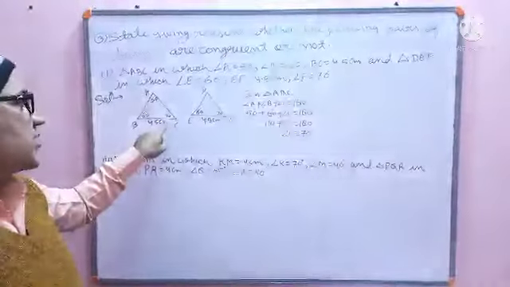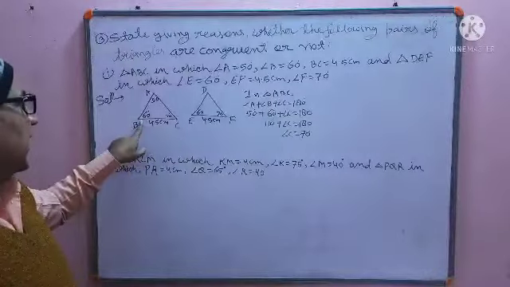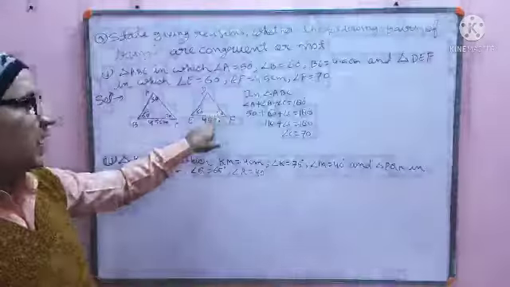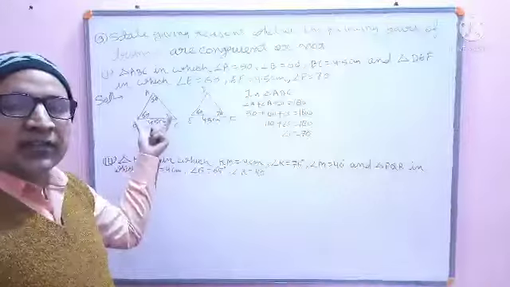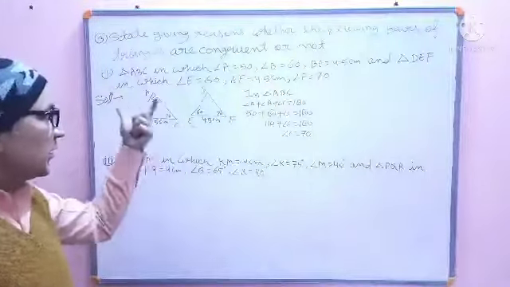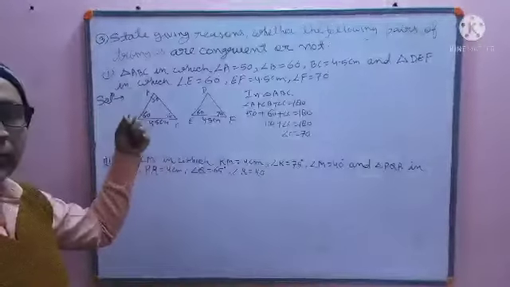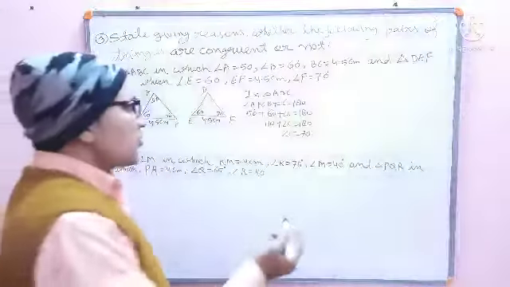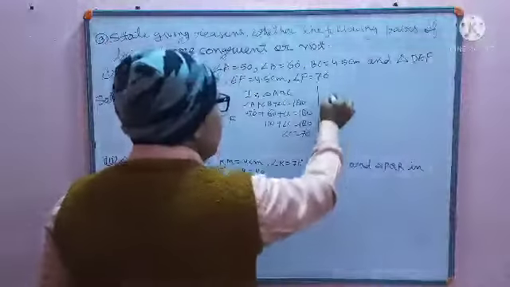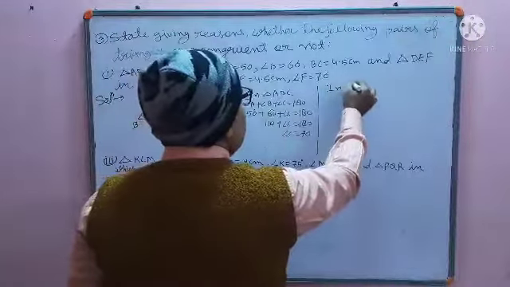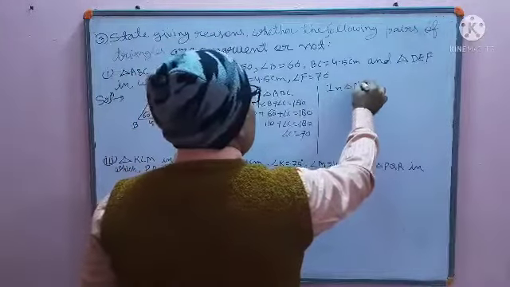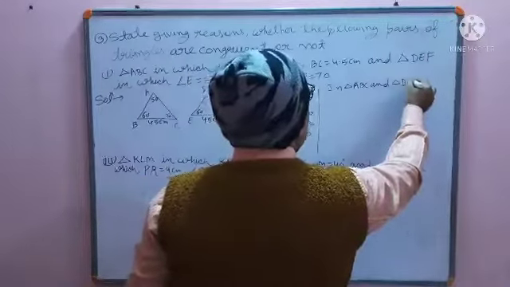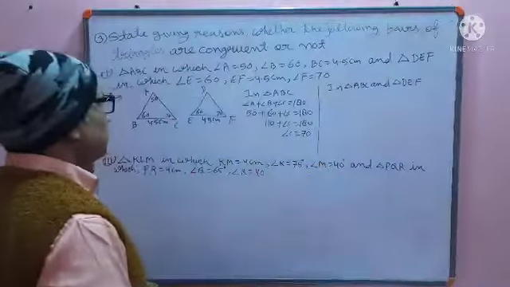As you write 70 degrees here, you can see that the angle, side, angle criteria is followed by these two triangles. It means these two triangles are congruent because we are able to find the criteria angle, side, angle. So how will you solve it? See here, write down the names of the triangles. In triangle ABC and triangle DEF.